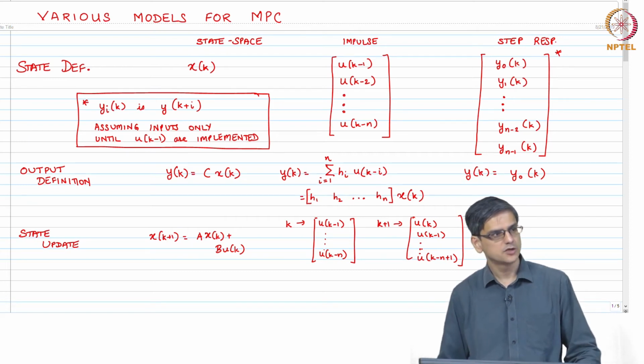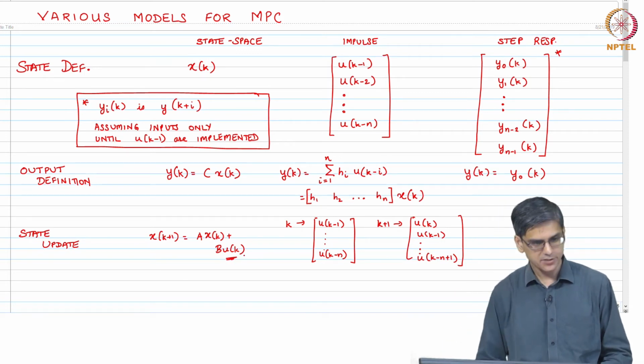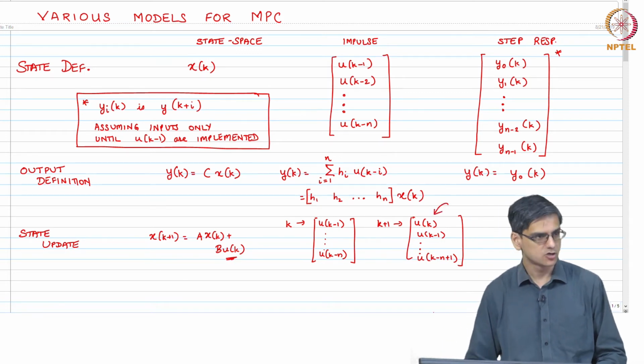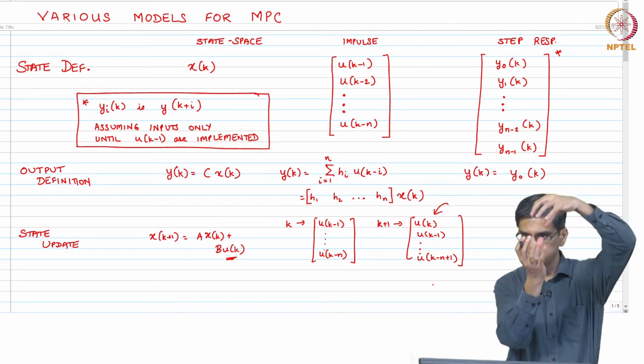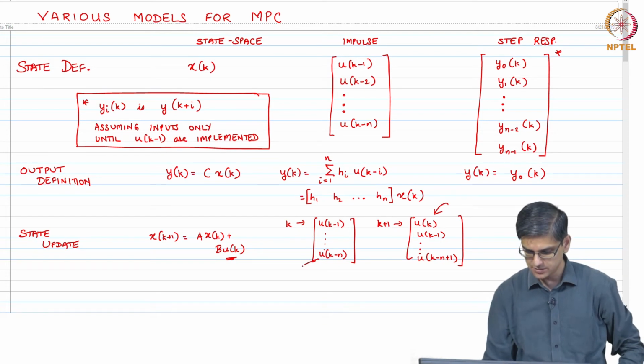Fairly simple: the implemented uk gets inserted at the top, everything moves one row below, and the last one gets removed.